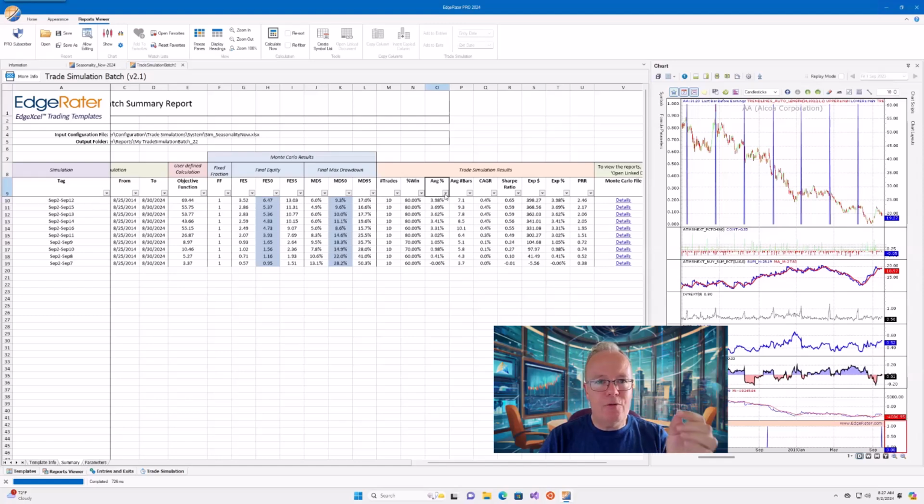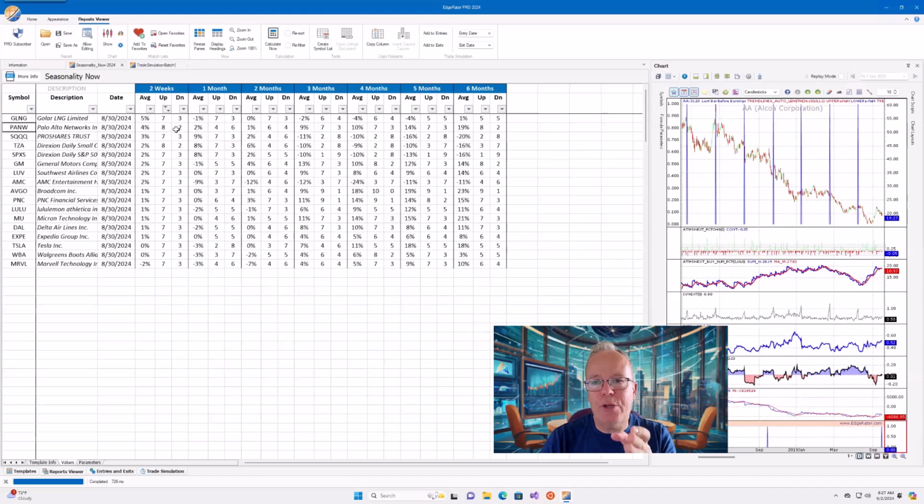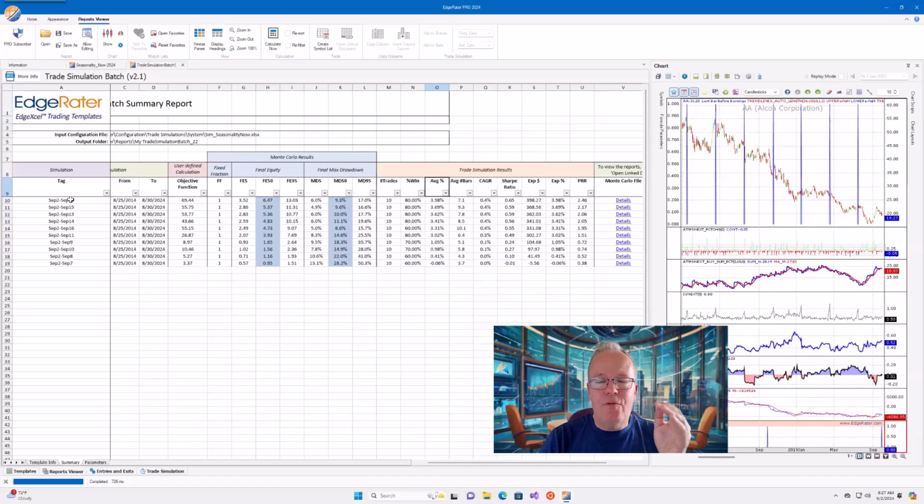This is showing very similar information to this, except it's running through various periods of time, not just 2 weeks, but running from September 2nd and then through several days beyond that.